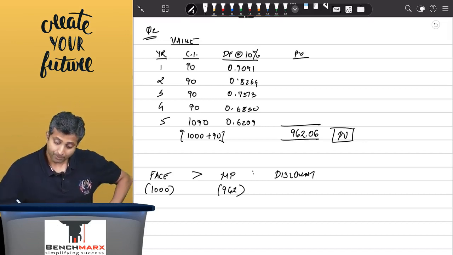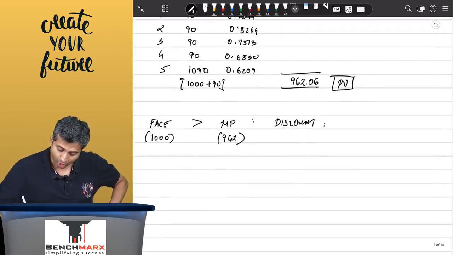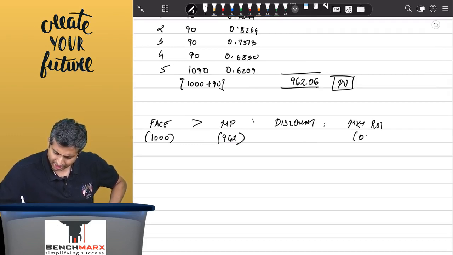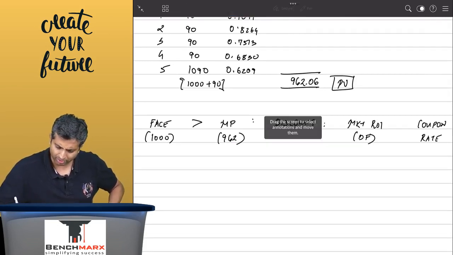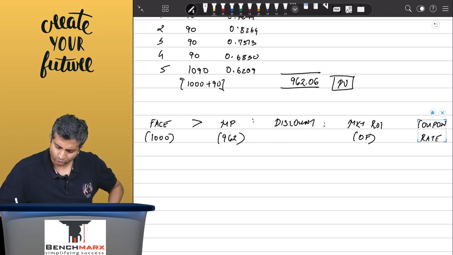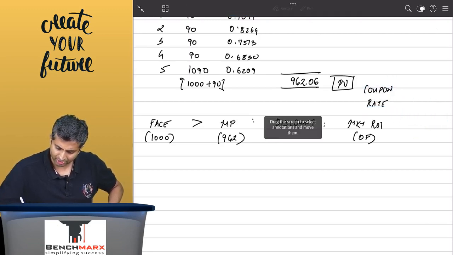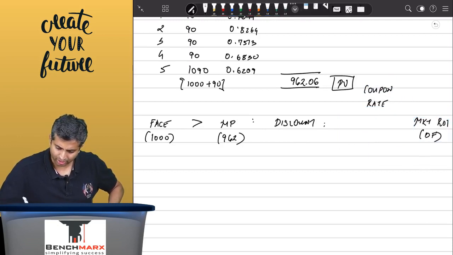Because over here, the market rate of interest is like the discount factor as compared to the coupon rate. We can write it in any order, but if I write the coupon rate first and the market rate of interest later, I can write it in any order.